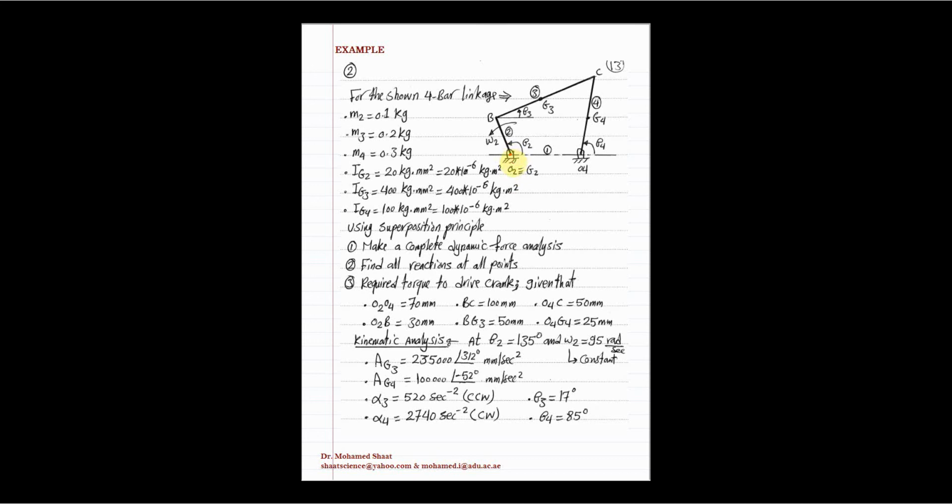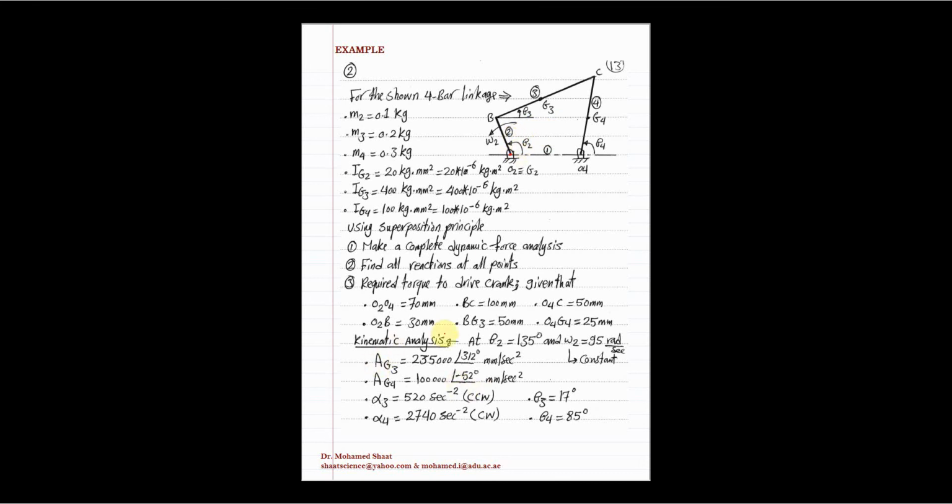G2 is coincident with point O2, as given in this figure, while point G3 is located somewhere between points B and C over link number 3. The same for point G4, it is located somewhere over the link, but G2 is coincident with point O2 for link number 2. These are the specifications for the links in terms of geometry, and this angle is theta 2.